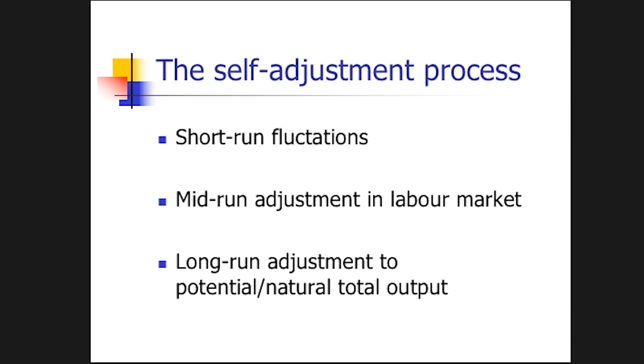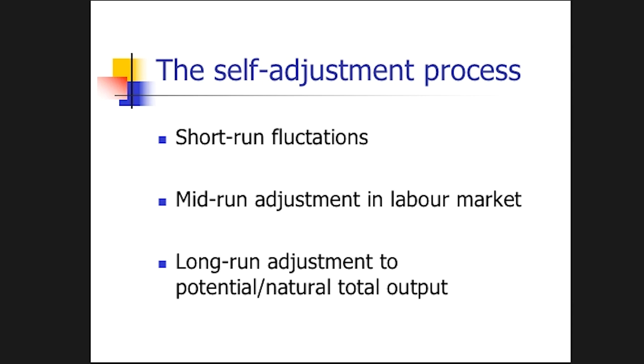Firstly, we go from the short-run fluctuation. These changes in short-run will cause the adjustment in labor market in mid-run, and finally, it leads to the adjustment in long run to the aggregate supply and output.